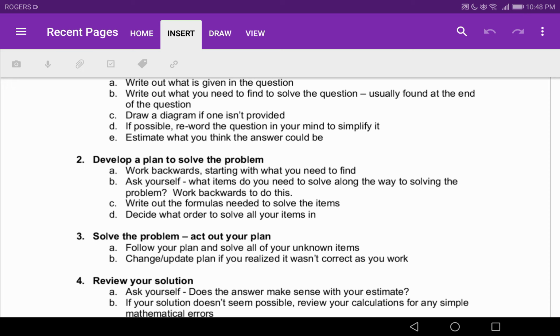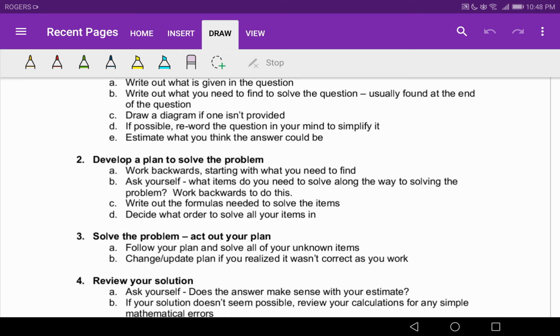Second step, you have to begin to develop a plan to solve the problem. There are some really good tips here. Work backwards. We're going to work backwards when I do my problems and develop the plan of how to solve it. Ask yourself, what items do you need to solve along the way to solve the problem?